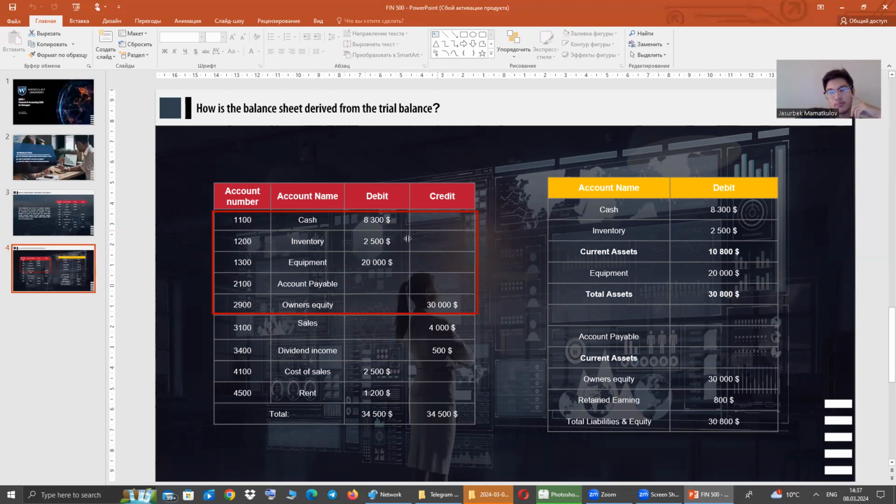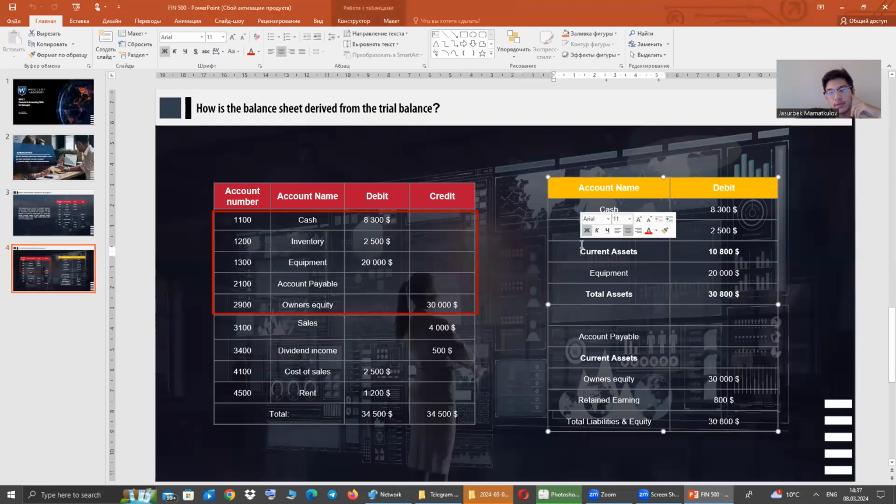We have cash and inventory, which means we have the current assets, and equipment as well, 20,000 plus 10,000 plus 800, 30,800. Now the question is why it's 30,800 while here it is 34,500.